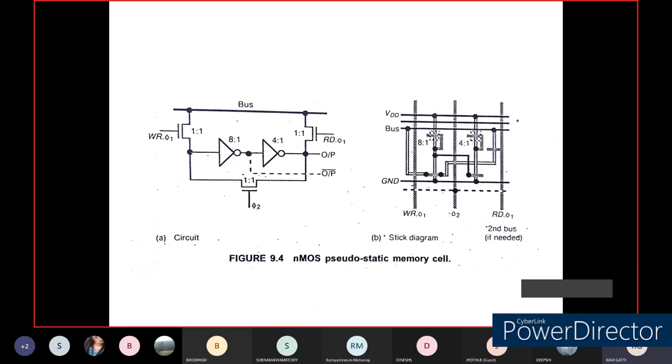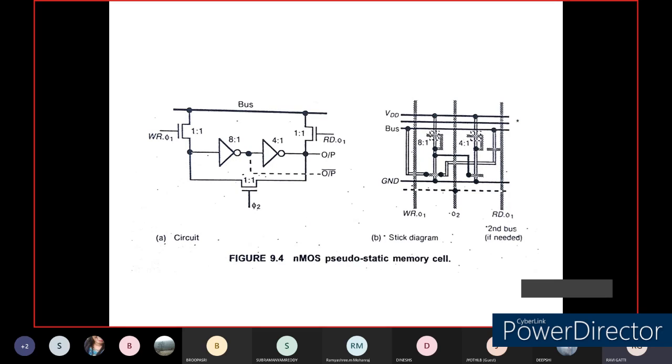The corresponding stick diagram is written over here. You can see here we have used the pull-up and pull-down transistor ratios: for the first transistor we have used 8:1, and for the second transistor 4:1. Both these transistors are energized, and a common bus is given for the data reading and writing operations.